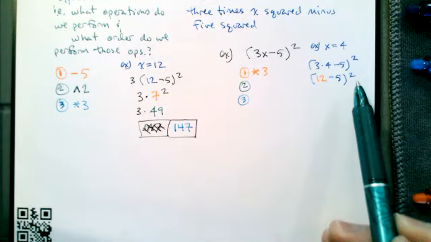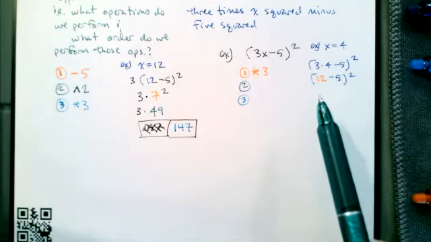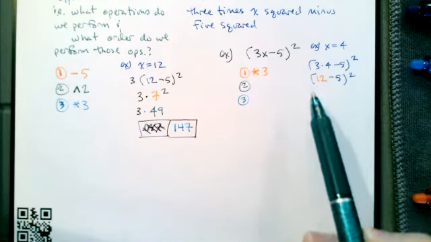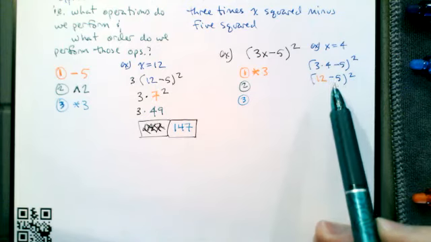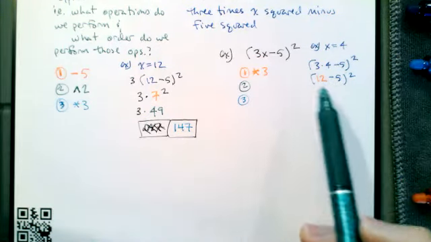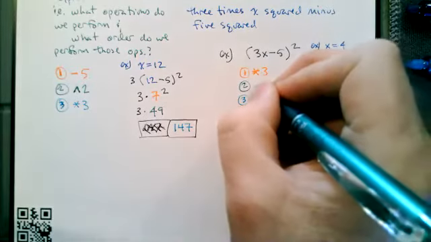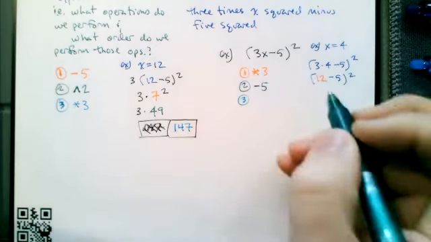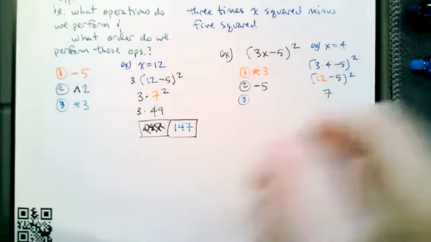So exponents will go before multiplication, and multiplication goes before addition unless parentheses. So exponents should go before subtraction unless parentheses. So we see this exponent, and we also see minus 5, but we want to subtract 5 next because parentheses are telling us to do that. So the next thing is subtract 5. Great. So 12 minus 5 is 7.